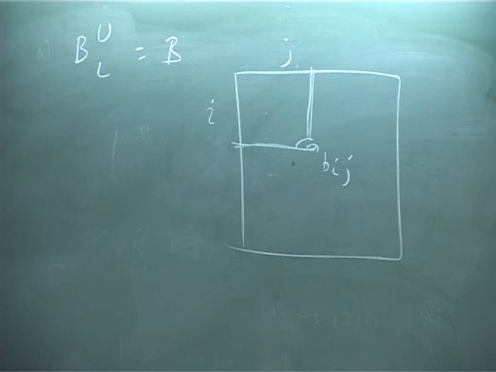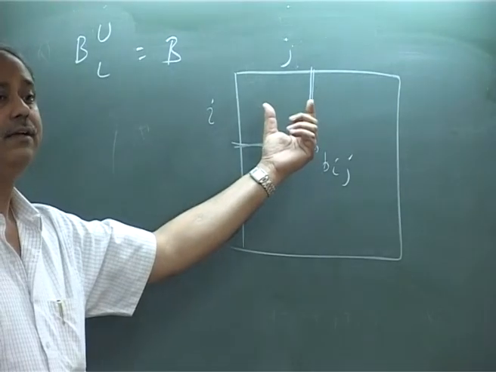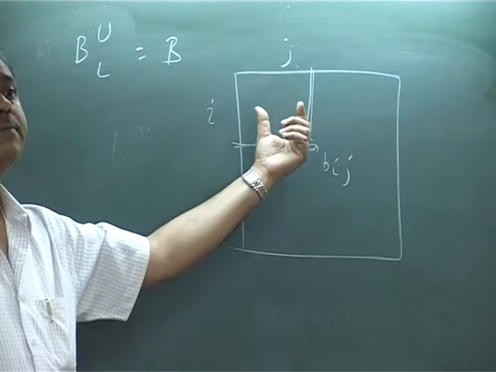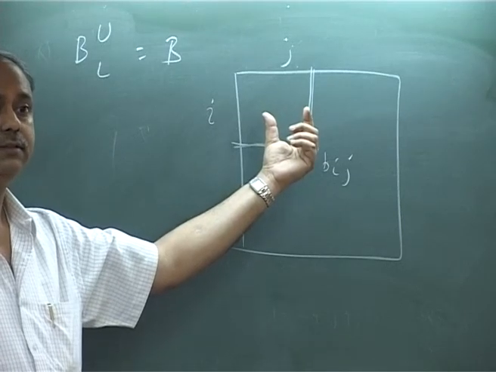Now, Bij is the kth element. Bij is the kth element. That gives you that exactly k minus 1 elements will be equal to i into j minus 1 elements. Yes?